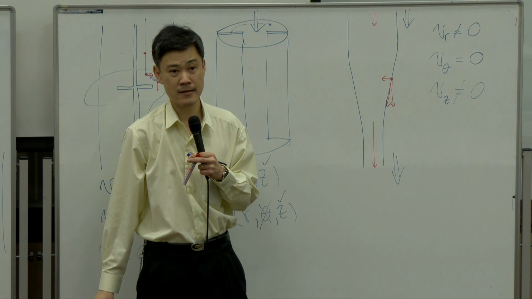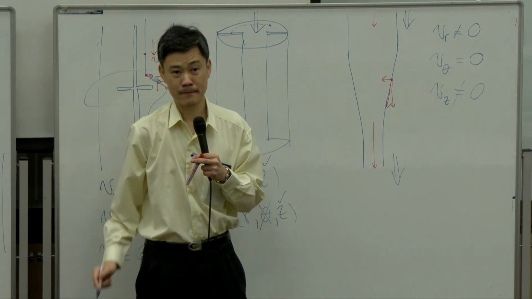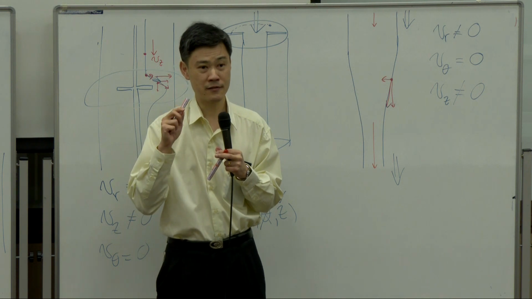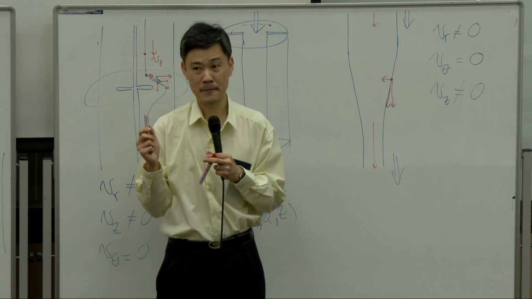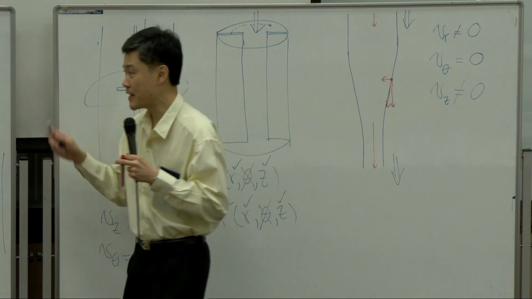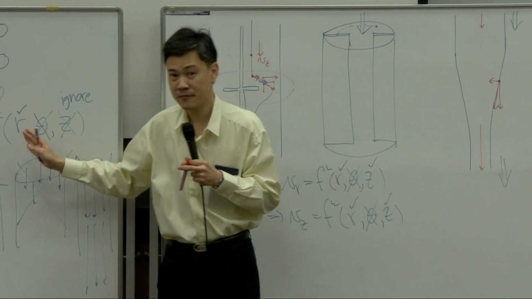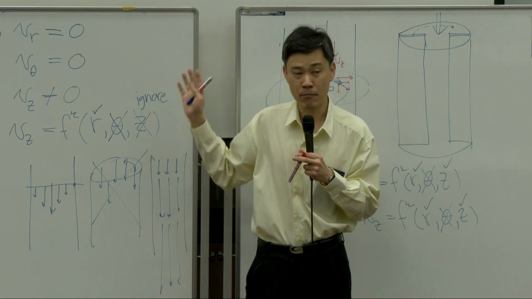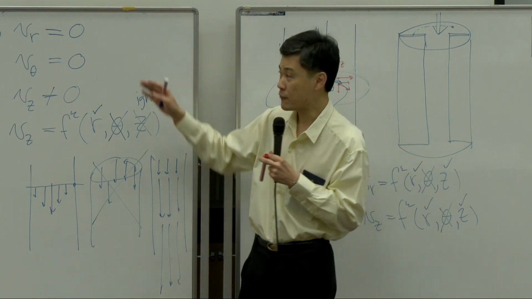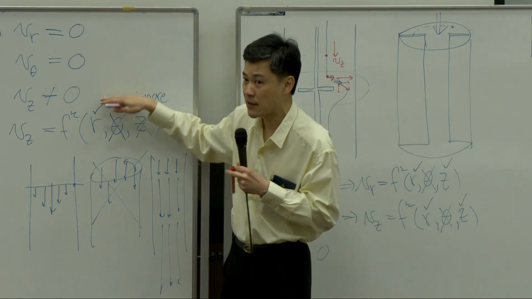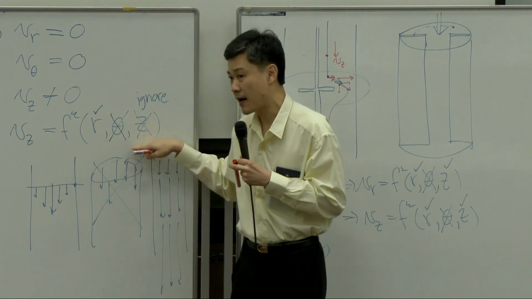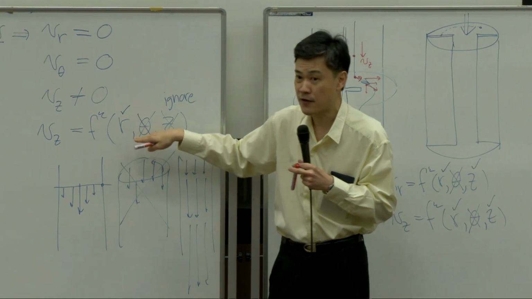Okay? Any question regarding this? All right, as I said, this step is critical. It is extremely important. You have to correctly identify the velocity components which are not zero and correctly identify what each is a function of.